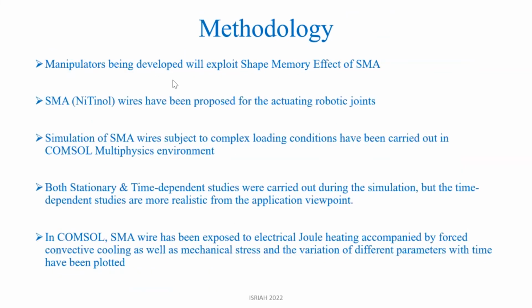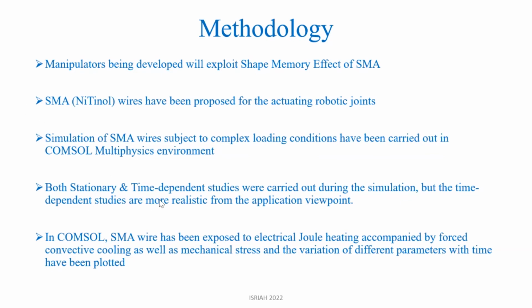Okay, so this is the martensite phase versus temperature curve. For the interest of time, I will quickly go through these slides. What we are thinking is that we will use the shape memory effect of SMA to drive the manipulators, and we are interested in SMA wires to actuate the robotic joints. So we have used the COMSOL Multiphysics environment to simulate the SMA wires in complex loading conditions, that is, when the SMA wires are subjected to both stress and thermal load, that is, temperature or heating.